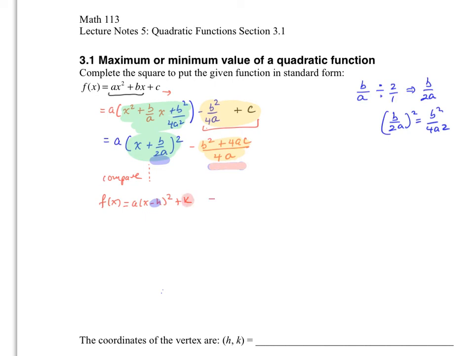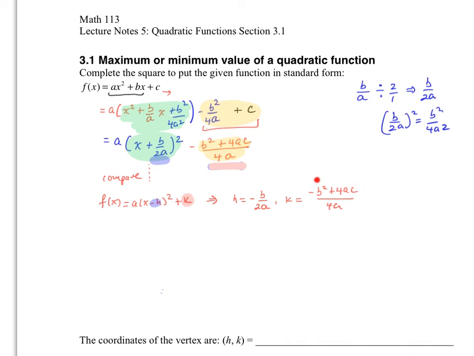So therefore, another way to figure out the vertex is this. The value for h is going to be minus b over 2a, and the value for k is going to be minus b squared plus 4ac divided by 4a.